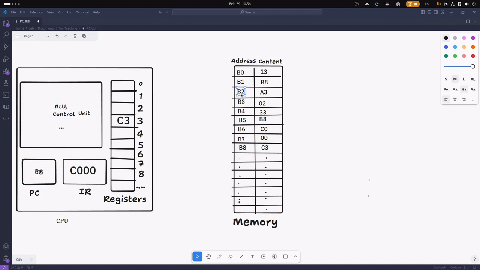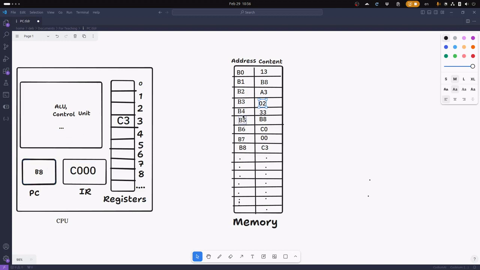Think that now the value in the program counter is B2. So take these two values into the instruction register, change the program counter, and execute the instruction. After doing that, go again to the program counter, go to the memory cell, take the instruction, load it, change the program counter value again, and execute the instruction.